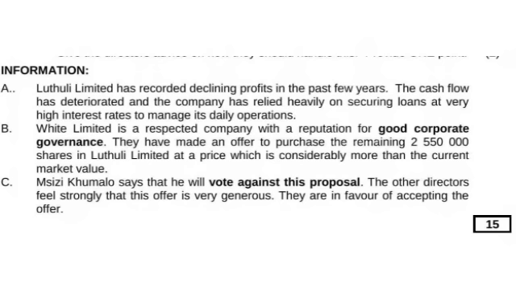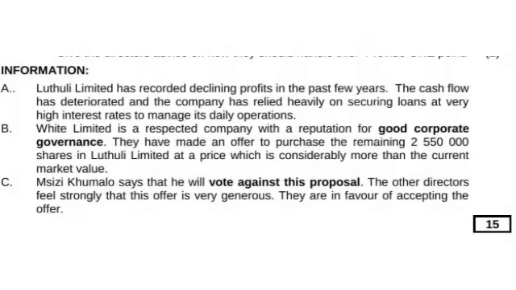And then we have a solution in B, that is White Limited trying to buy the remaining 2.5 million shares, and they are going to buy them at a considerably higher price. But then in information C, we hear that Msizi Khumalo says that he will vote against this proposal. The other directors feel strongly that this offer is very generous.